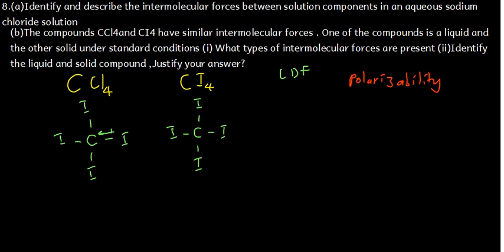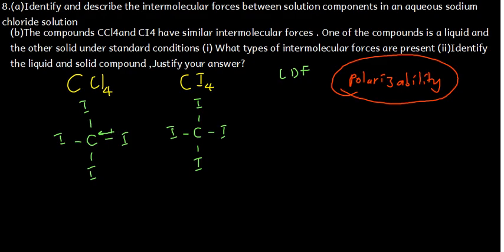And the bigger the compound, in other words, the higher the molecular mass, the more the number of electrons, and the more the number of electrons, the higher the polarizability. And if the electron cloud can easily be distorted, that means it can form greater London dispersion forces. And so we just look at which one has got a higher molar mass.